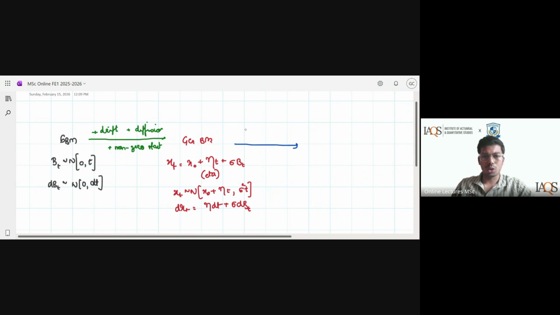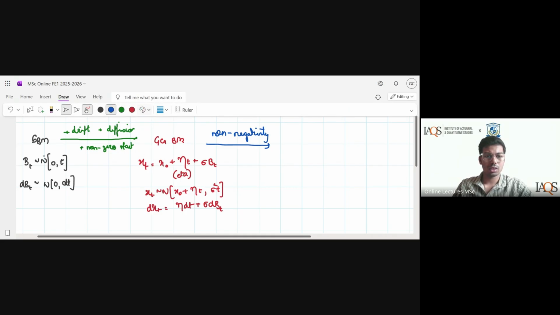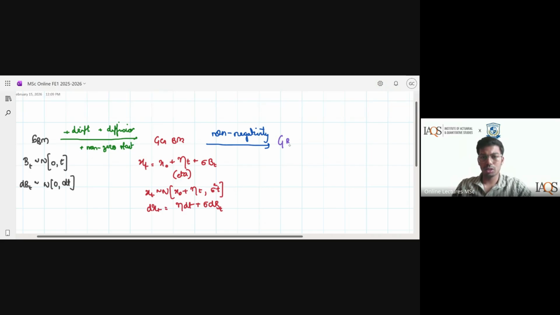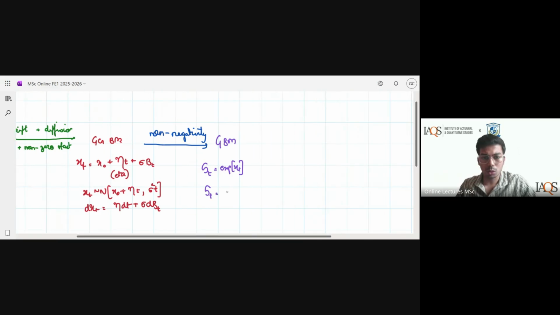I account for non-negativity. I arrive at my geometric Brownian motion, which is nothing but exponential of Xt. Can I say this St is ideally equal to e raised to x0 plus eta t plus sigma Bt?